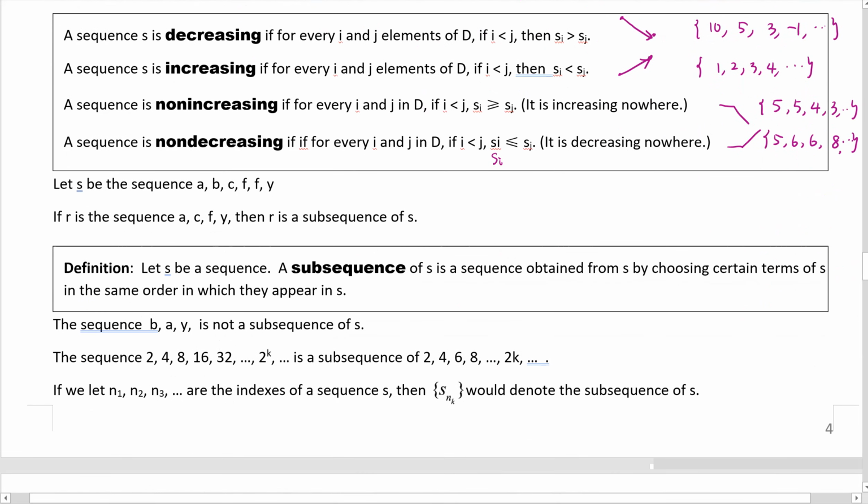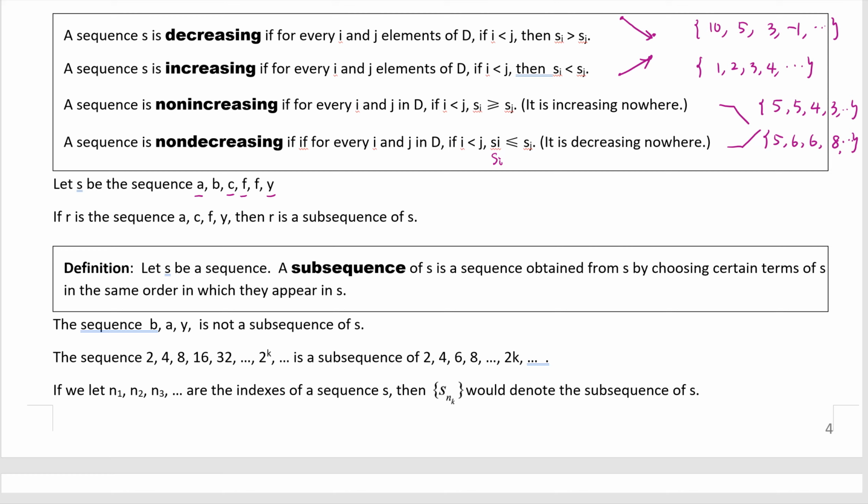Okay, let's continue. Let S be the sequence A, B, C, F, F, Y. If R is the sequence A, C, F, R, Y, then R is a subsequence of S. You can see we pick these terms.